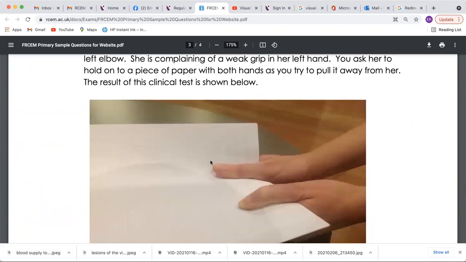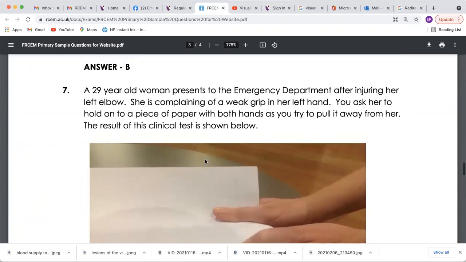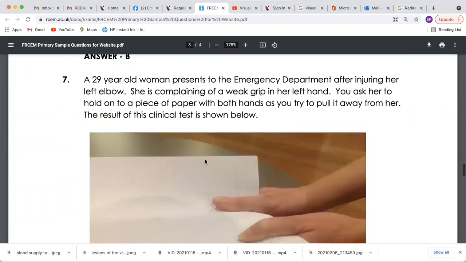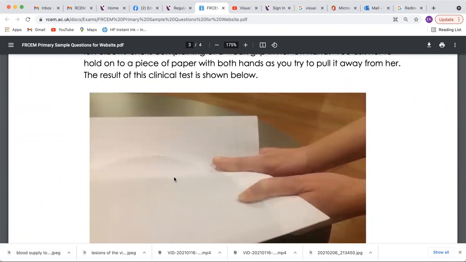Right. Left arm. So this is the lady with the left elbow injury, and you ask her to hold a piece of paper with both thumbs and hands, and you try to pull it off from her. In the right hand, she's resisting just as we normally do, pressing the thumb and the rest of the hand together.